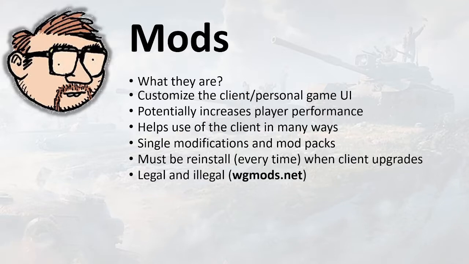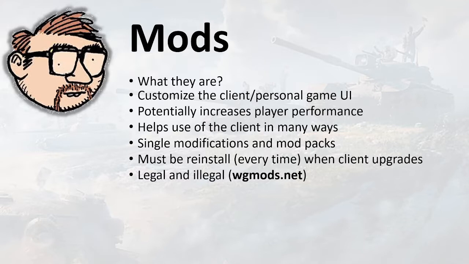Next thing, like I said earlier, there are legal and illegal modifications, and I'm not so familiar with these illegal modifications. I know that there are different kinds of modifications which ease up, for example, aiming for you, so-called aimbots and so on.